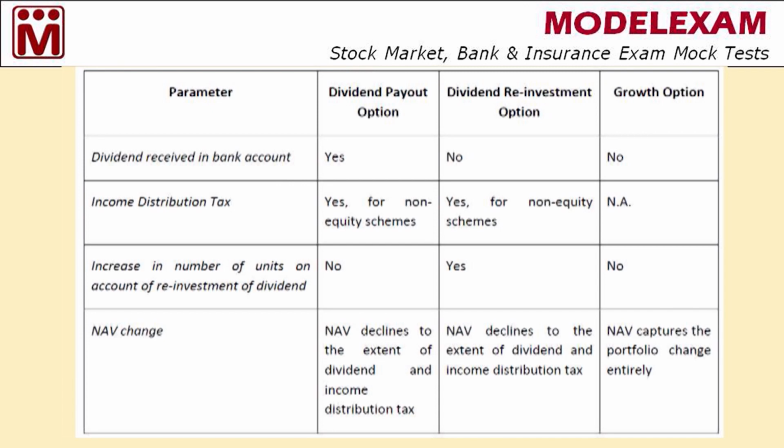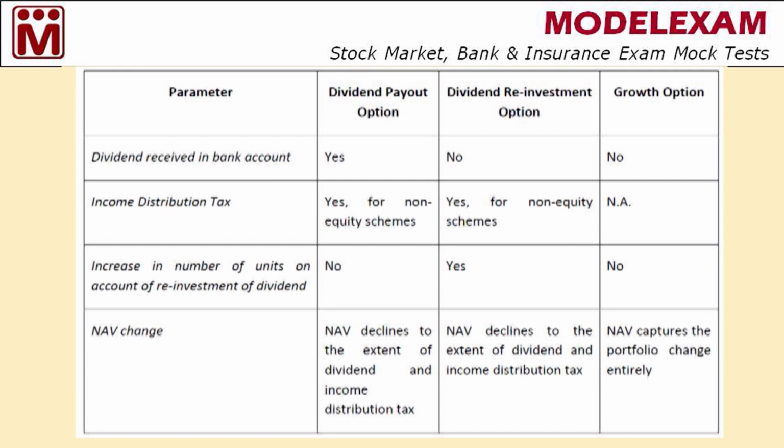Whereas, in case of dividend reinvestment option, you will not receive dividend at all. And is there any tax? Definitely. We have dividend distribution tax in case of dividend payout as well as dividend reinvestment, but it is applicable only for non-equity schemes.